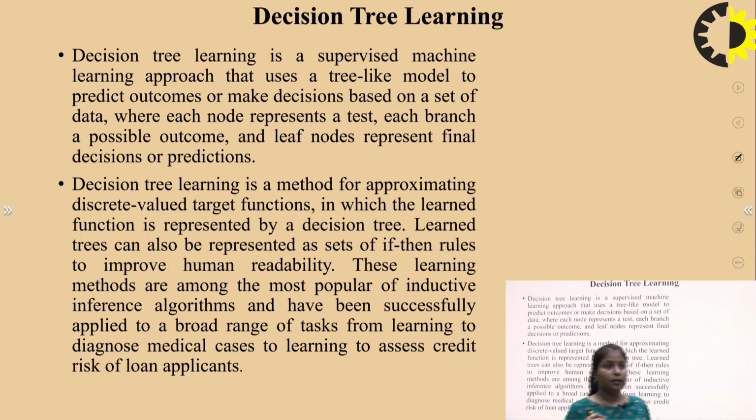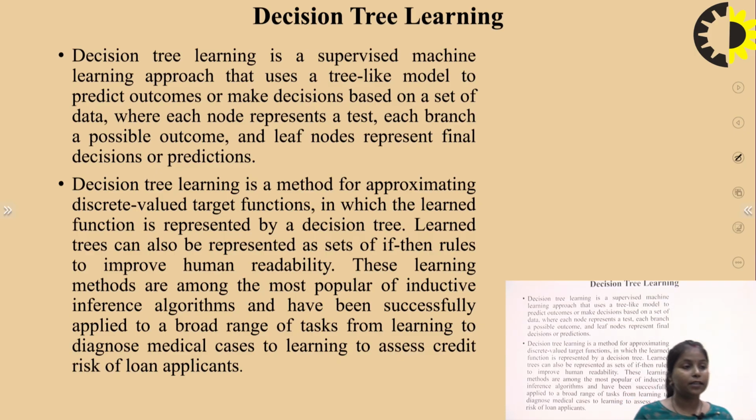Decision tree learning is a method for approximating discrete-valued target functions, in which the learned function is represented by a decision tree. The learned tree can also be represented as a set of if-then rules to improve human readability.